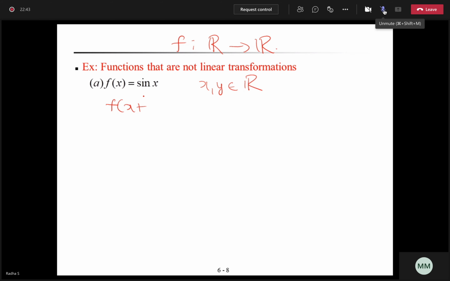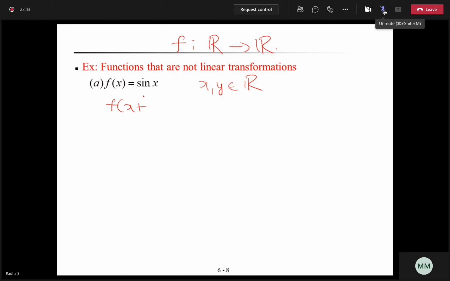Okay, tell me, what is f of x plus y according to the definition? F of x plus y is sine of x plus y. So what is f of x plus f of y? Sin x plus sin y. Yes. So will you say that sine of x plus y is equal to sin x plus sin y? No, ma'am, it doesn't hold true here.